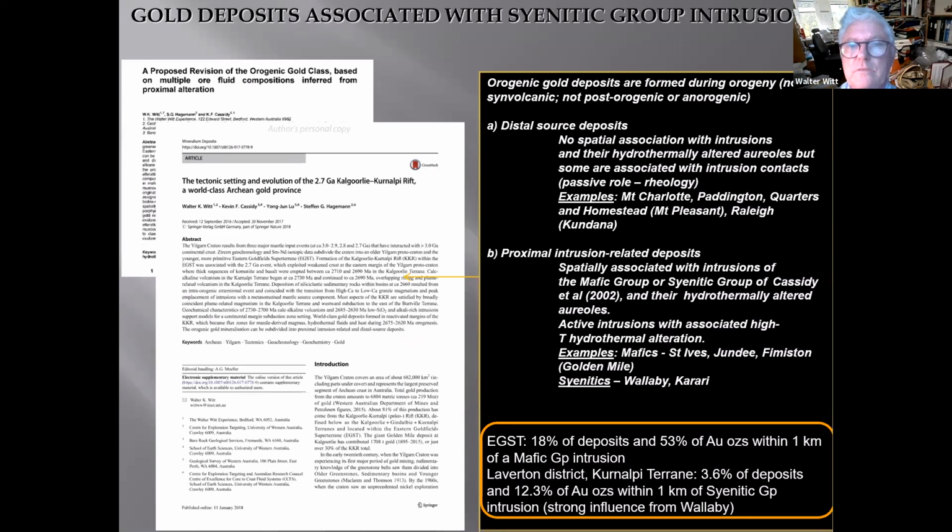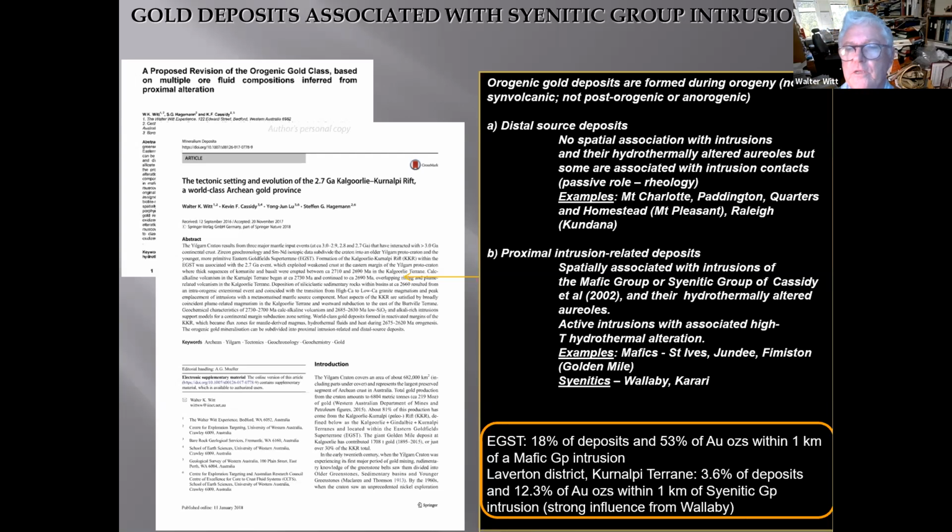So I favour a subdivision of orogenic gold deposits into distal source deposits. These are the more common orogenic deposits in the Yilgarn, with a deeply sourced and unspecified source for the ore fluid, and proximal intrusion-related deposits, which are spatially associated with intrusions of mafic or syenitic group affinity, which are fairly common.